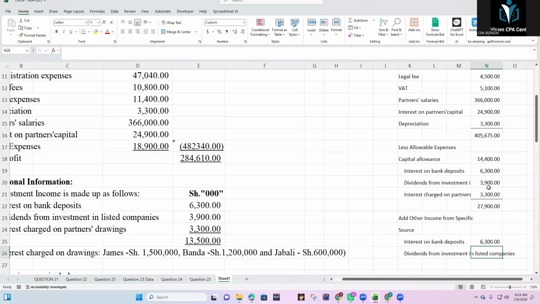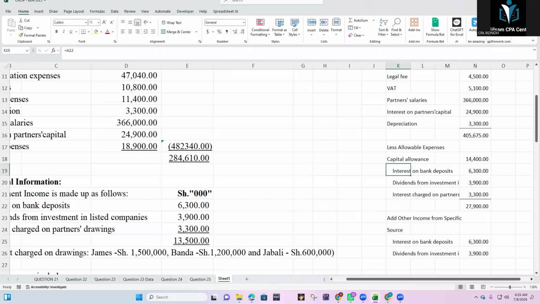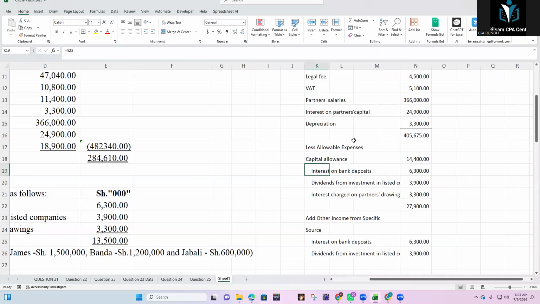And also remember some other question today will say interest on bank deposit net. If they say net, it means they have deducted 15% withholding. This one has a withholding of 15%. So if you find it here, they have put the net in brackets, and you have to determine the gross amount. So you add back that 15%, which has been deducted as withholding, to get the gross. This is the gross. The same way for dividend, you also adjust to the gross.